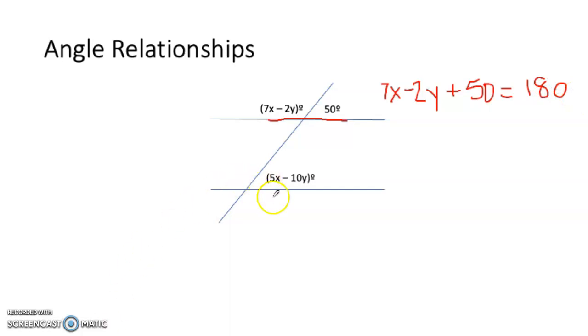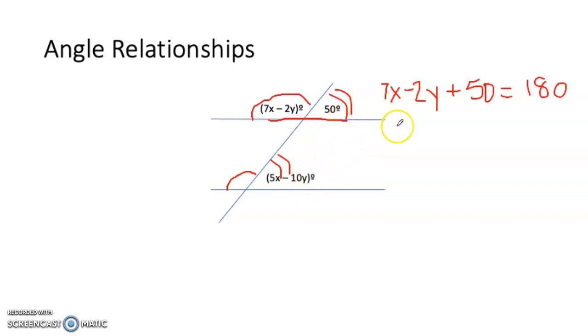Now, on the bottom, I can do this two ways. I can know that this angle is the same as this angle because they are in the same location at a different intersection. So 7x minus 2y also equals 5x minus 10y. Or I could remember that this angle and this angle are the same because they are in the same location at a different intersection.